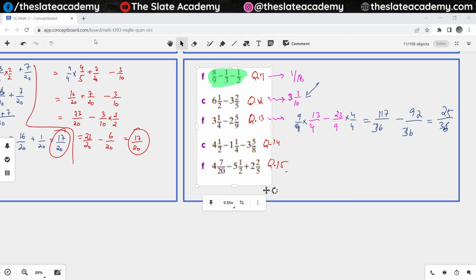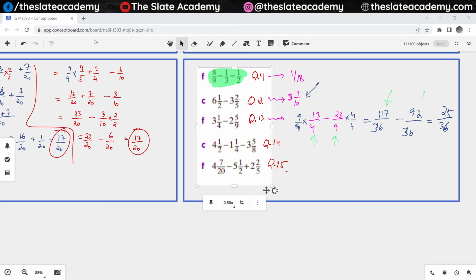First of all, I convert the compound fractions into improper fractions. So I get 13 by 4 and 23 by 9. I can't add them, as the denominators are different. So I multiply the first fraction by 9 by 9 and the second by 4 by 4. For the first fraction, I get 117 by 36.